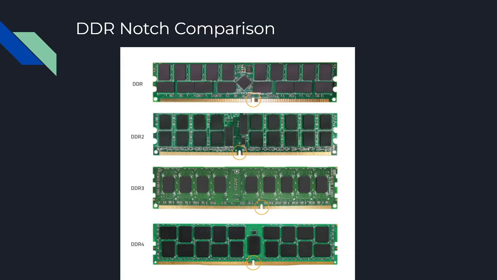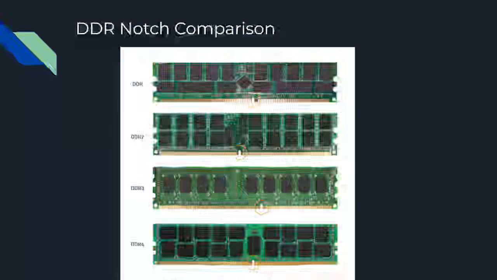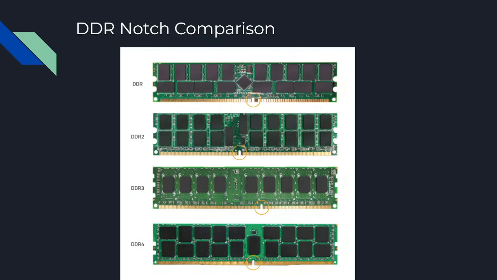So, this is a real good image. This is a notch comparison of the different types of DDR. So DDR1 is just a little bit off to the right, DDR2 is just a little bit off to the left, DDR3 is further right than DDR1, and DDR4 is in between DDR1 and 3.